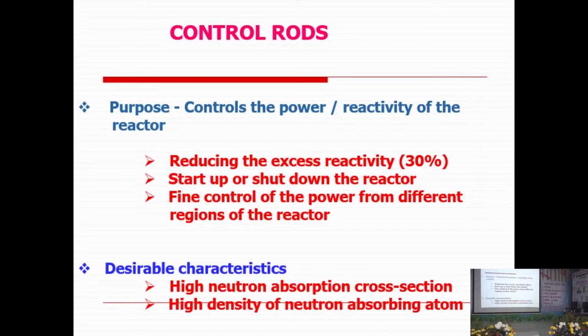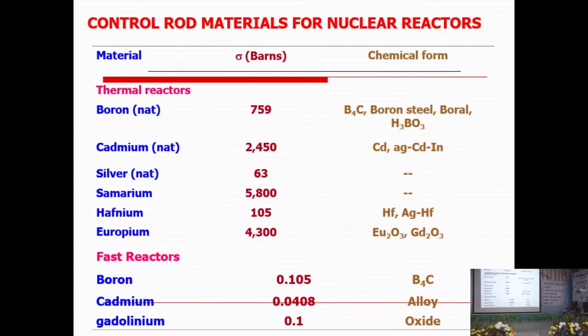The desirable characteristics are a high neutron absorption cross section, because it will capture the excess neutrons and the neutron activity will be lowered, and a high atom density of the neutron absorbing atom. Options available are boron, cadmium, silver; these elements could be used depending on your application. The fuel designers decide which component to use as the control rod material.